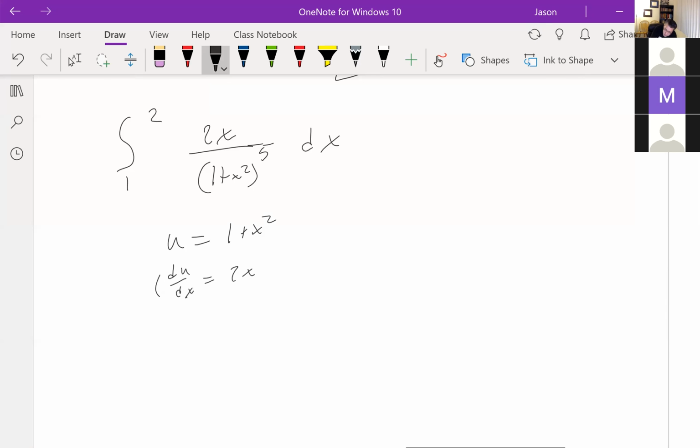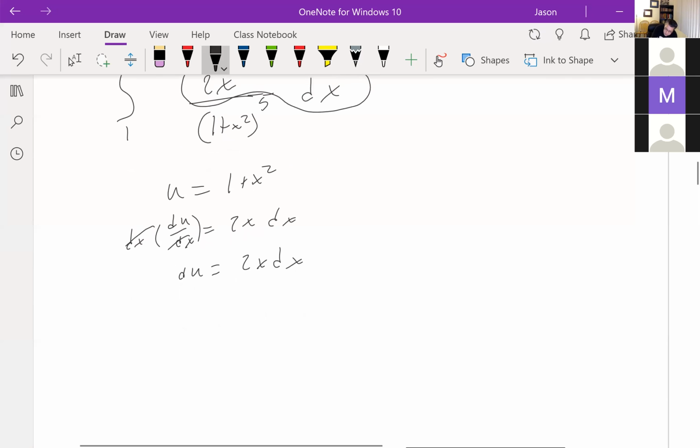And if you wanted to multiply both sides by dx, then du is equal to 2x dx. Maybe that's how I should have explained it originally. So this is just the u prime. So du is equal to the 2x dx again.